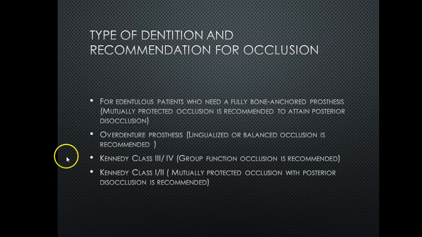So, again, when we started this chapter, we talked about how important a role occlusion has, not just in placement of the implant, not just in restoration of the implant, but really in the whole treatment planning. And it's a back and forth where we talked about the fundamental differences between the implant and the natural tooth, how the morphology of the tooth helps protect itself with the PDL and the conical shape which the implant lacks.